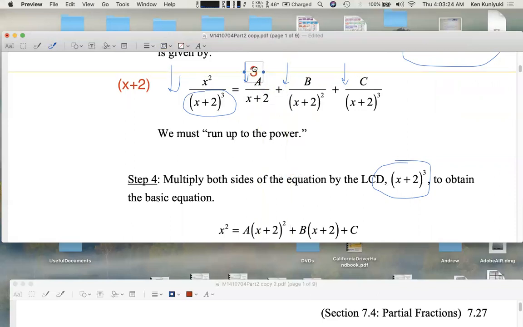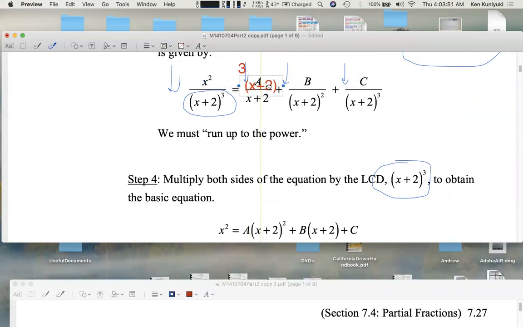So we multiply this first fraction by the cube of x plus 2. We have 3 copies of x plus 2 over here, 1 copy of x plus 2 over here. What happens? A pair of x plus 2's cancel, but you still have 2 survivors up here with the a. So we have a times the square of x plus 2. The third factor here gets canceled by this guy.